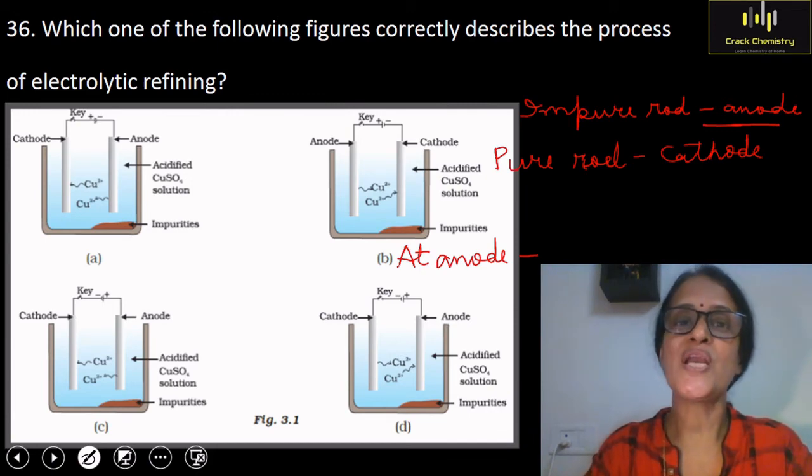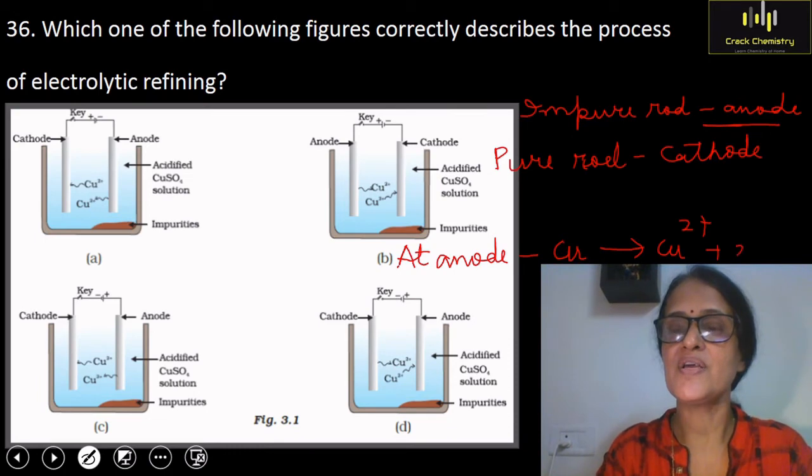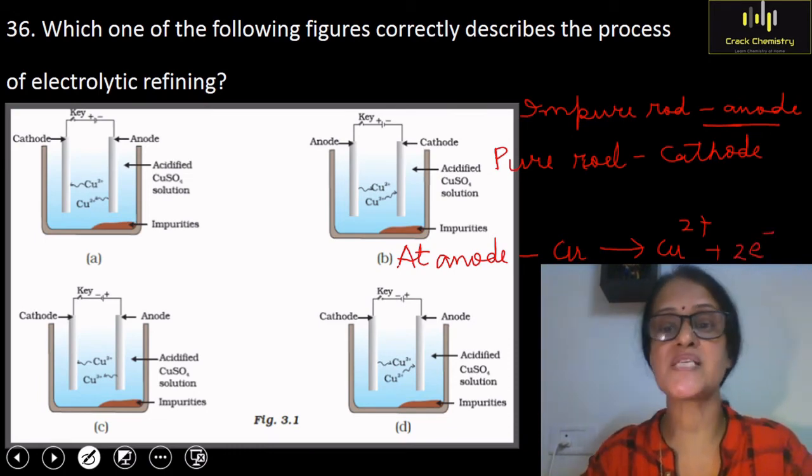The metal will lose electrons and pass into the solution, and electrons will be left behind at the anode only. Suppose I am discussing copper as an example. At anode, copper will lose 2 electrons and will convert into copper ion. This is the reaction which takes place at anode.